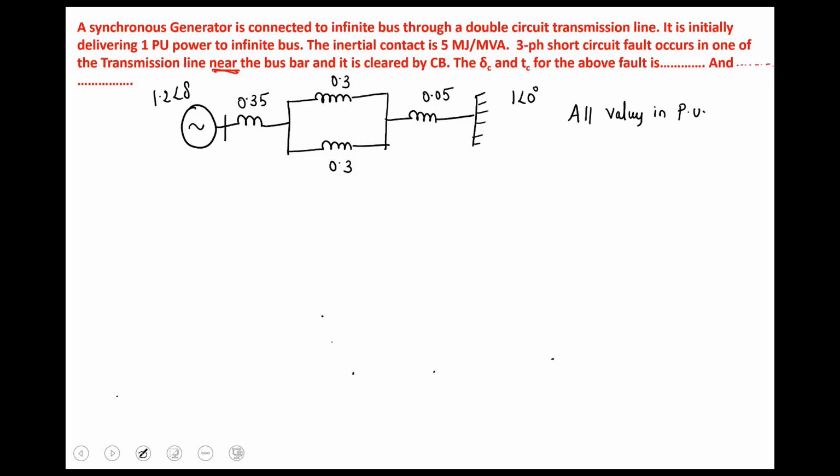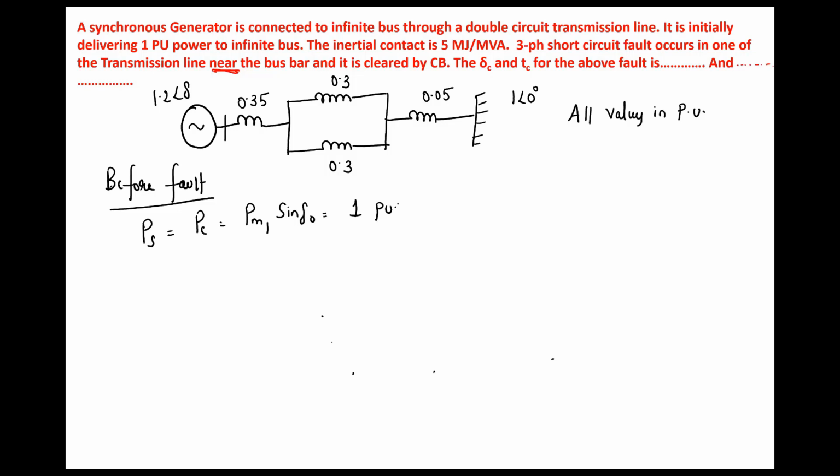So from this data, what we can say, initially it is delivering how much power before fault? Before fault, your mechanical input and electrical output, that is equals to PM1 sin delta naught, is equals to 1 per unit.